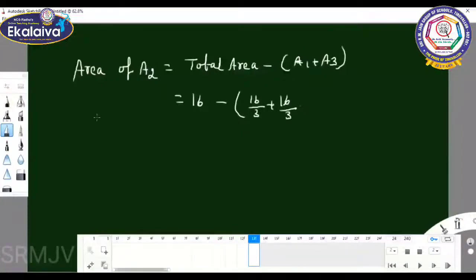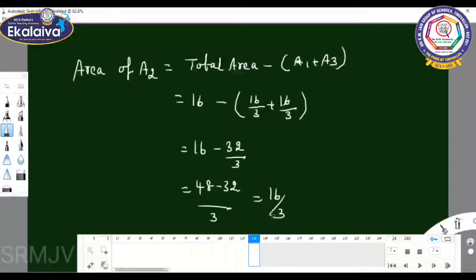So we get 16 minus 32 by 3, that is 48 minus 32 by 3. So the value is 16 by 3 square units.